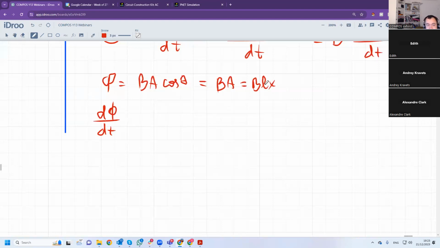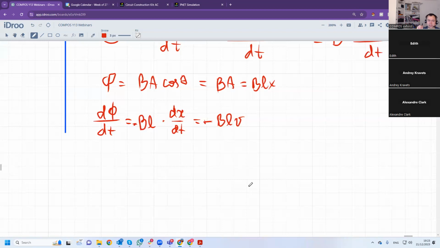Because B and L are constants, it's going to be BL multiplied by dx dt, with a minus, of course, because it's Lenz's law. I'll talk about the significance of the minus in a bit. And dx dt is v, so it's minus BLV.